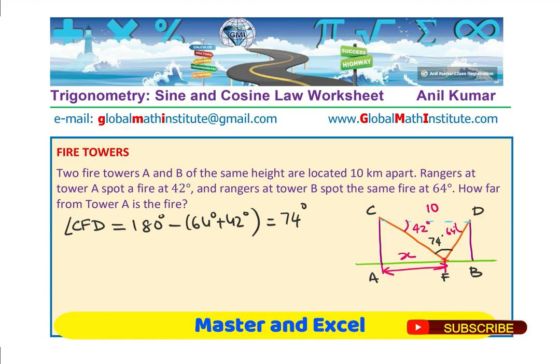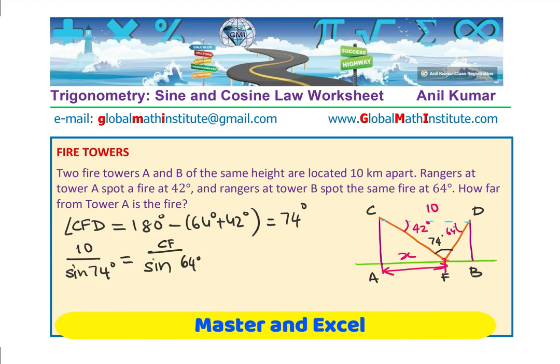Now you can apply sine law. You see that? So 10 over sine of 74 should be equal to CF over sine of 64. You see that?